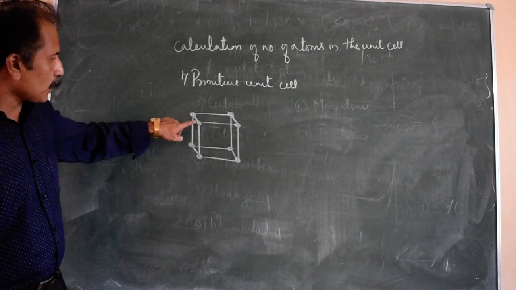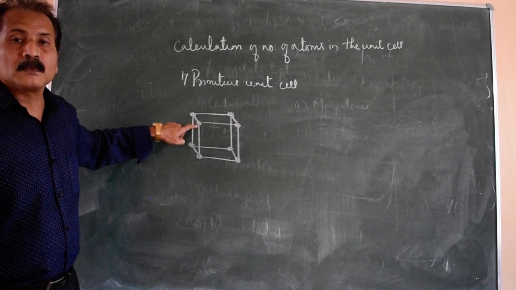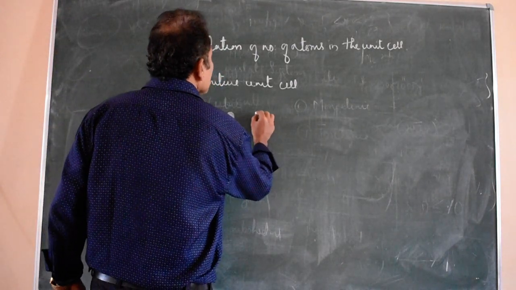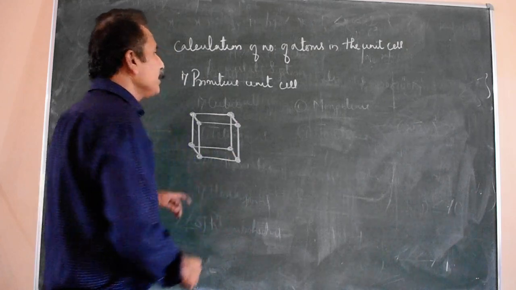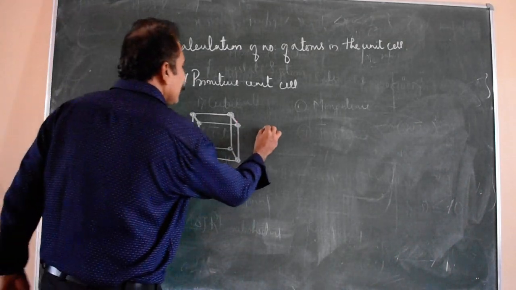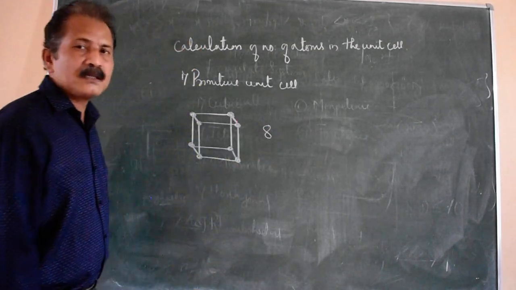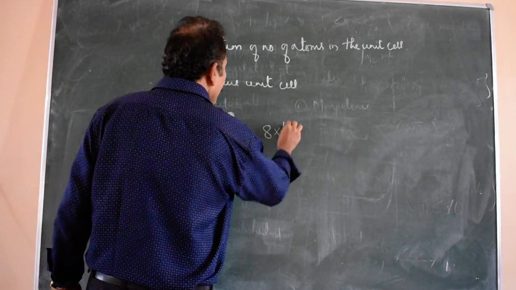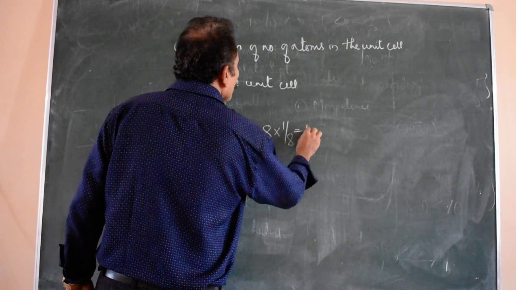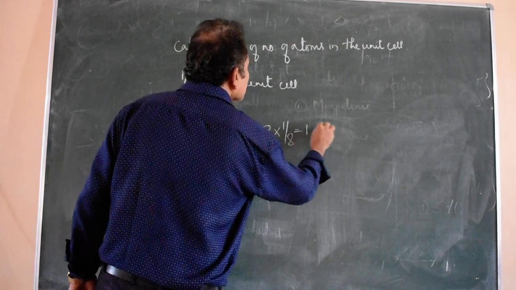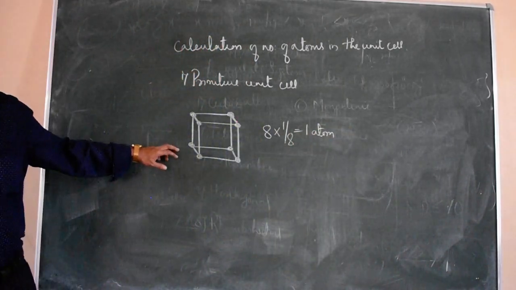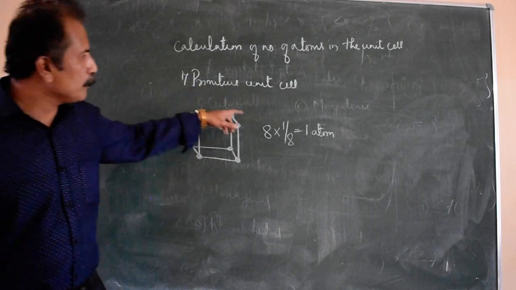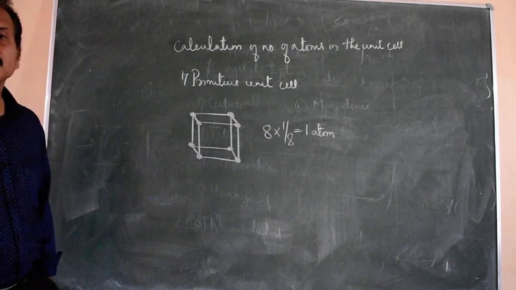So since each corner atom contributes 1/8, the number of atoms in the primitive unit cell is 8 particles at the corners, each contributing 1/8. Therefore 8 into 1/8 is equal to 1 atom. So we say in a primitive unit cell we have 1 atom.